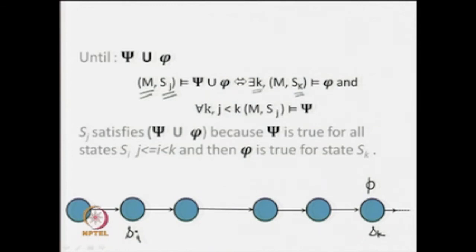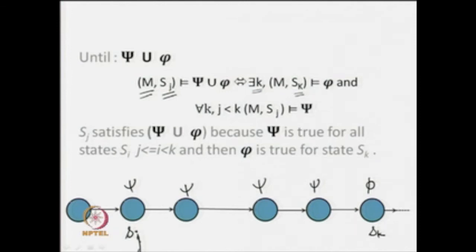It says that in the future we are going to get some S k where phi holds, and all the states in between, from S j to S k, must be labeled by psi. In that case we say that S j models psi until phi. That means psi remains true until phi becomes true.